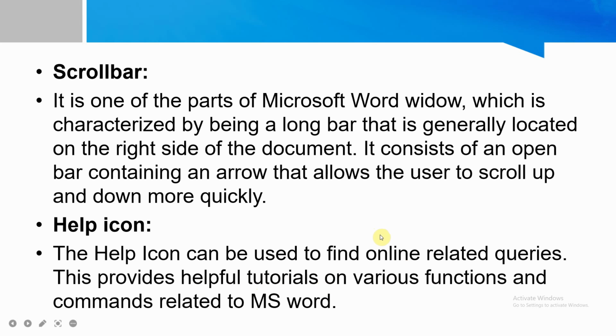So usually the help queries are online based. So it is usually not part of the installation as you install this software. That is for the newer versions of MS Word and also for WPS Office.